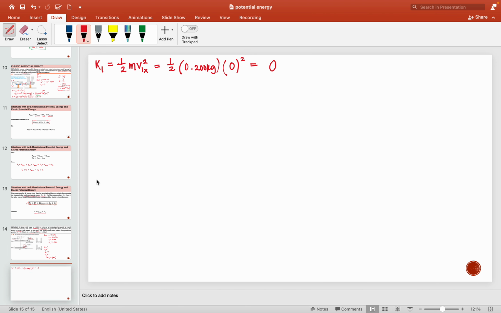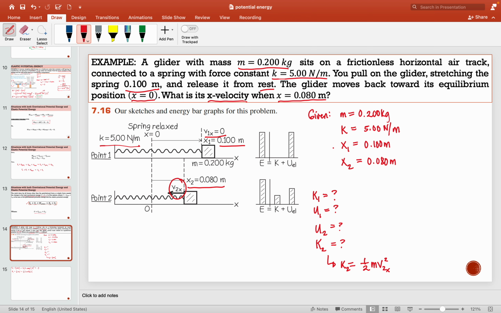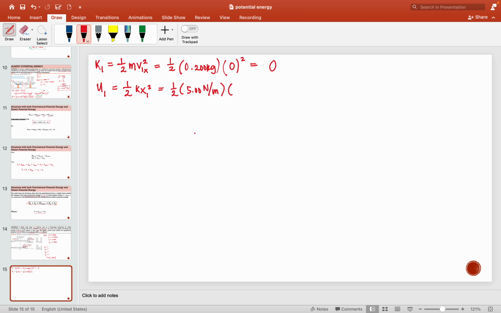Next is the initial potential energy U sub 1. So U sub 1 is equal to 1/2 times K times X sub 1 squared. Okay, so we have 1/2 times K is 5 newtons per meter times our X sub 1 is 0.100 meters quantity squared.